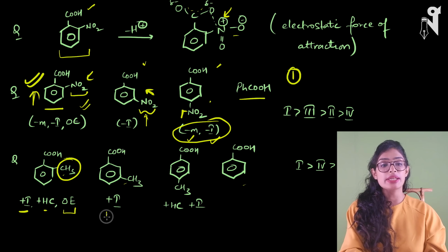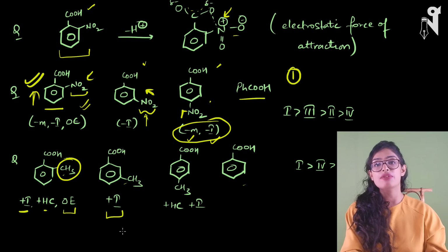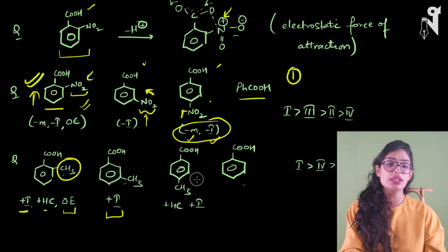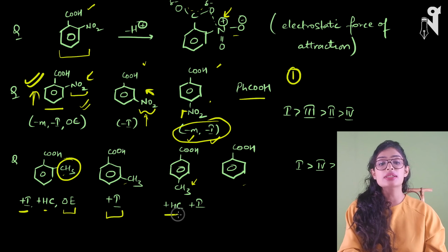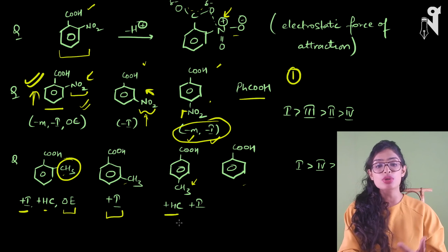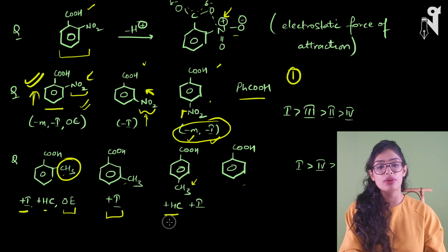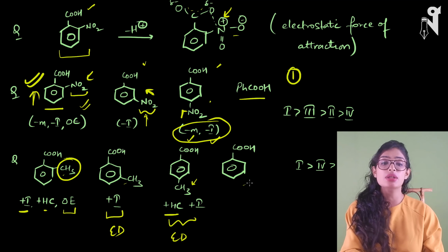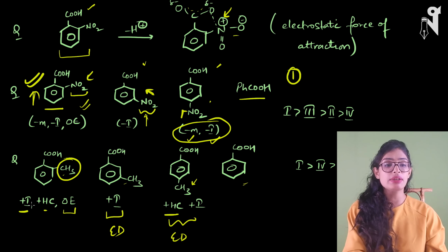CH3 on meta position exhibits only plus I, that is the donating inductive effect, and CH3 on the para position does show hyperconjugation and inductive. Both are electron donating, and COOH doesn't have any electron donating effect. So first of all, even though it is plus I and plus hyperconjugation, this will have the least impact.